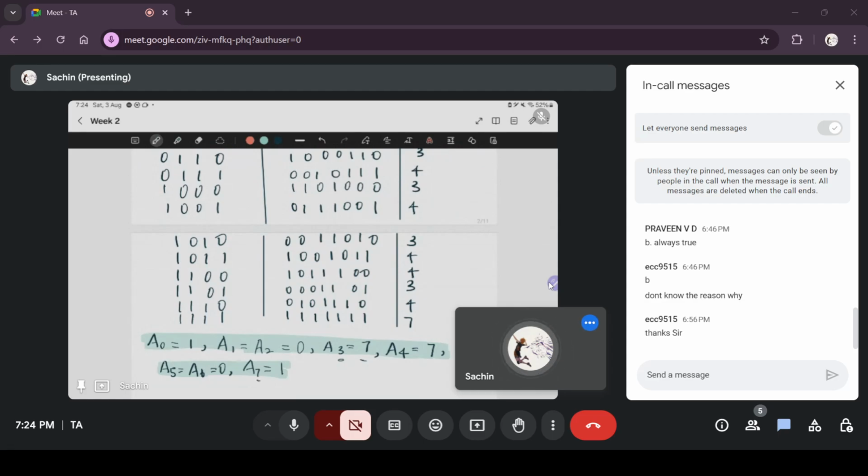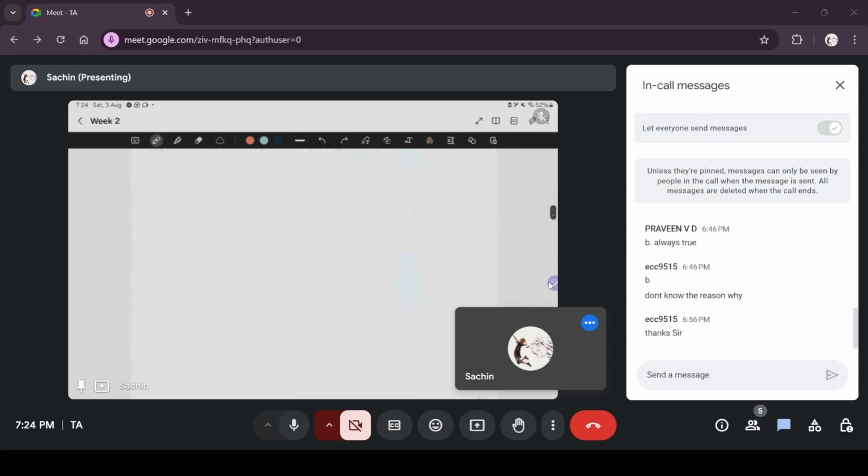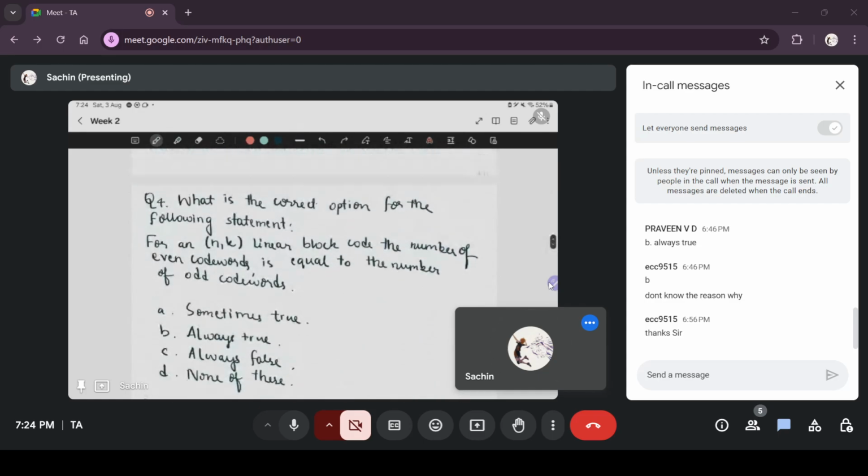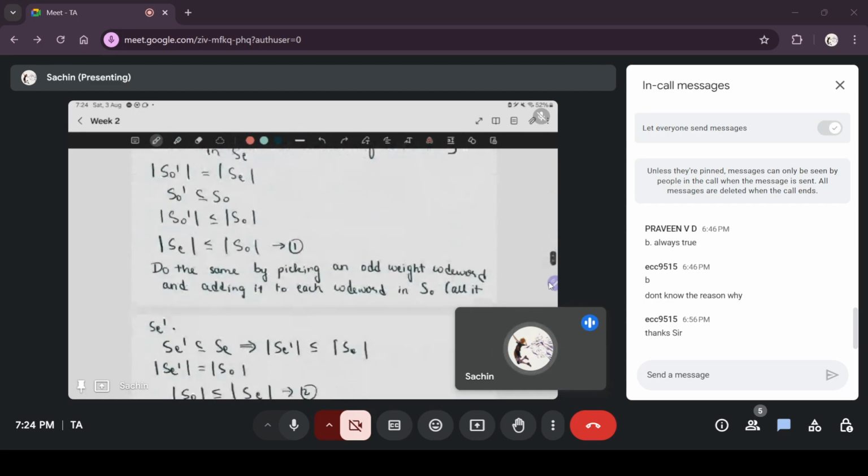So having weight 7, those are odd weight code words. So there are 7 plus 1, 8 code words with odd weight. Similarly, having weight 4, you have 7, and having weight 0, you have 1. So you have 8 code words with even weight. So this is an example for question 4. I forgot to tell you that.